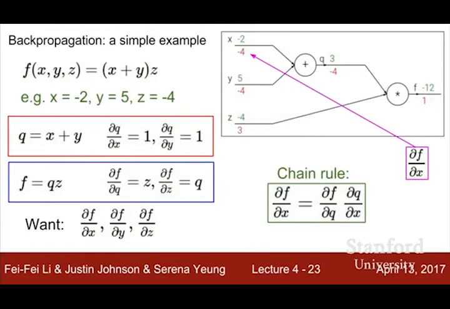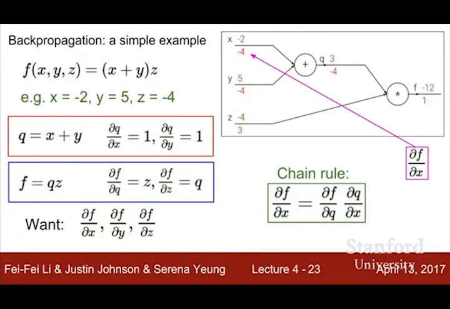Okay, yeah. So the -4, these green values on top were all the values of the function as we passed it forward through the computational graph. So we set up here that x is equal to -2, y is equal to 5, and z equals -4. So we filled in all of these values, and then we just wanted to compute the value of this function.